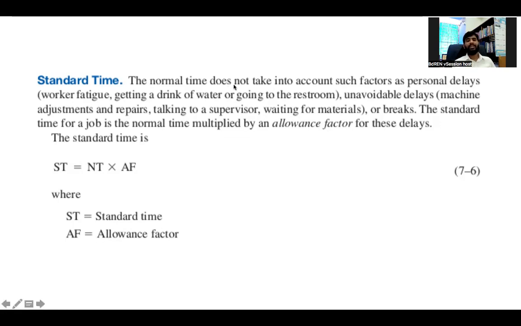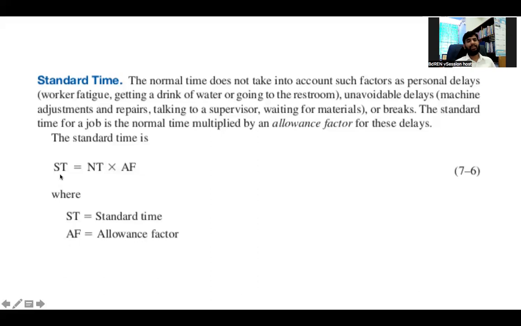The normal time doesn't take into account such factors as personal delays, work fatigue, getting a drink of water, or going to the restroom. Also unavoidable delays or machine adjustments, repairs, talking to a supervisor, waiting for materials, or breakdowns. The standard time for a job is the normal time multiplied by an allowance factor for these delays.